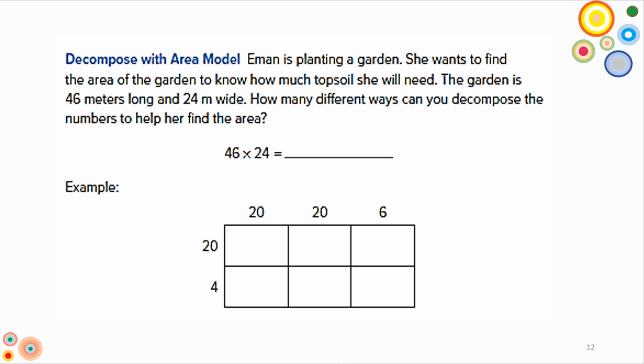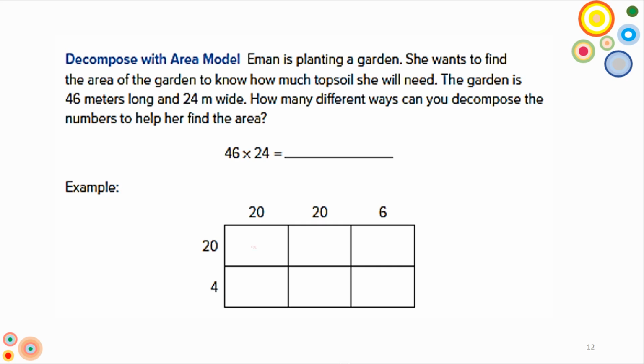He wants to multiply 46 times 24 and divided 40 into 20 times 20. Okay, so 46 split it into 20, 20 and 6. 24, so 20 and 4.